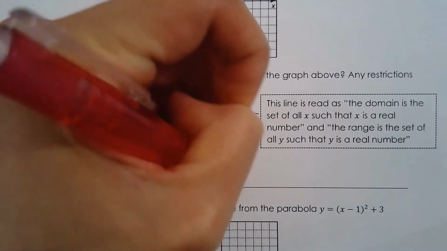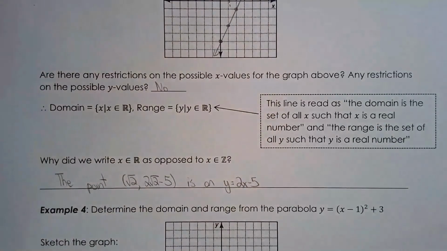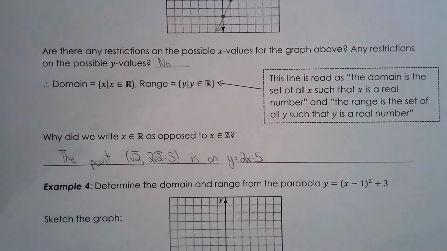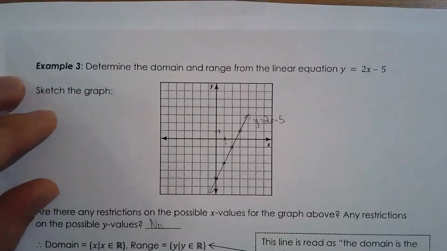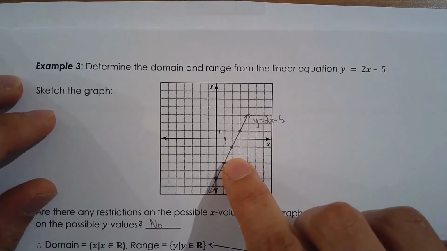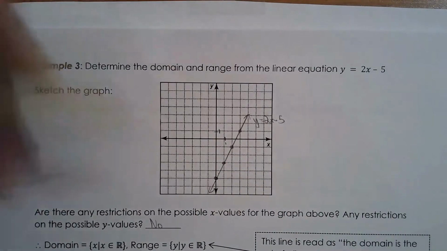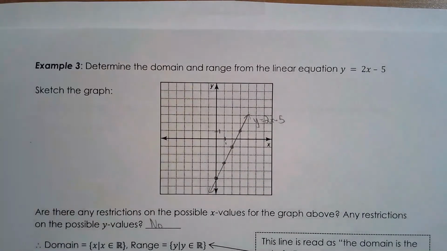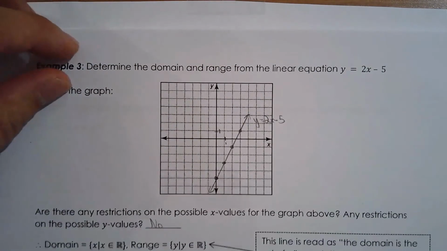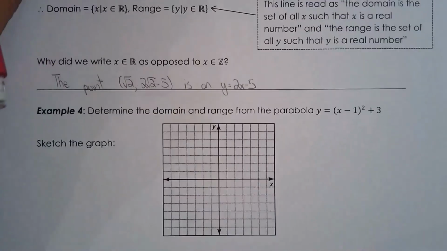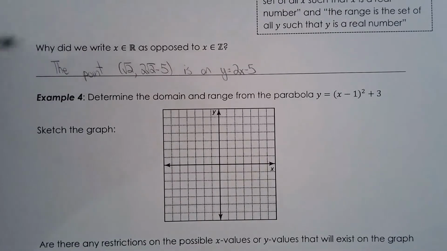What you could have also said is just look at the graph, and it's clear that you cannot write x as an element of integers, because you'd be missing a lot of points here. Okay, so that might have been confusing because there were no restrictions on x and no restrictions on y.